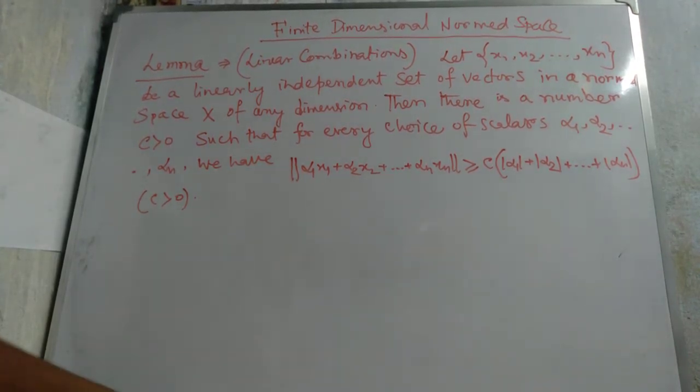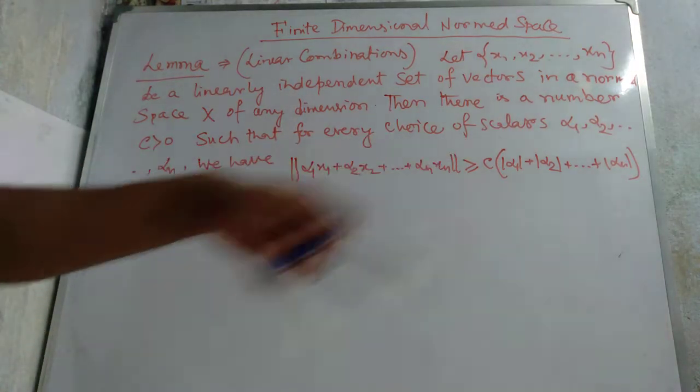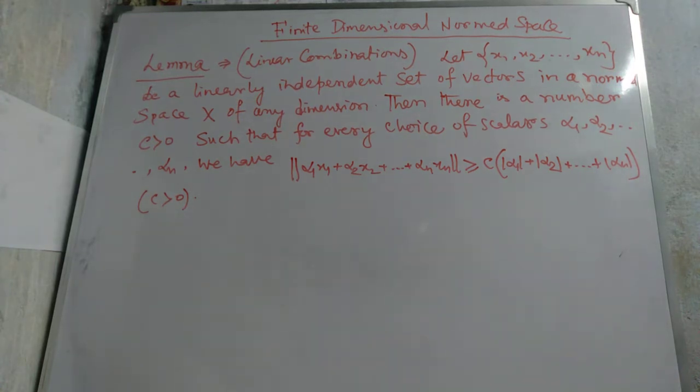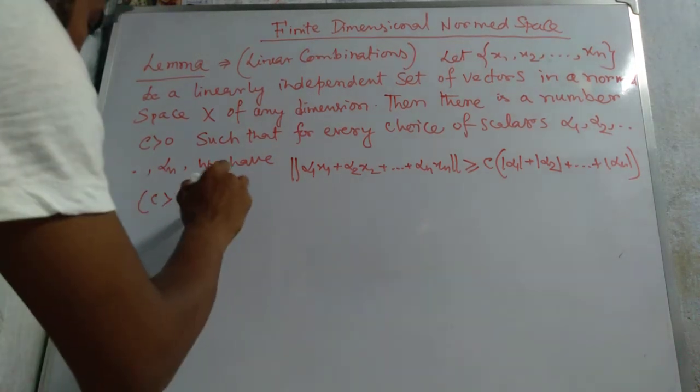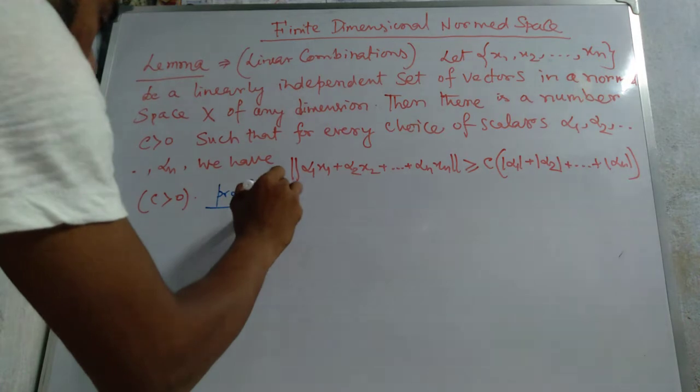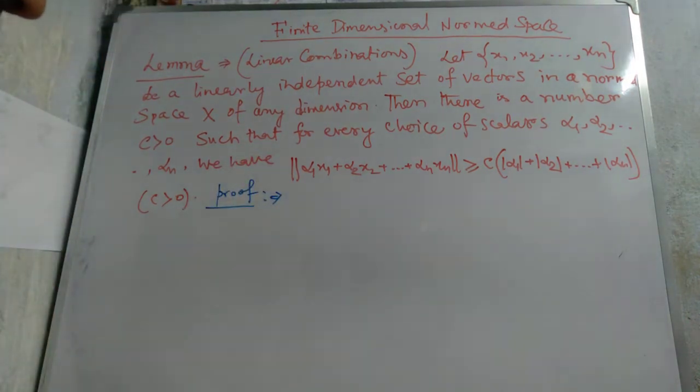If x1, ..., xn are a linearly independent set of vectors of any dimension, then there is a constant c greater than 0 such that the linear combination with arbitrary constants alpha is greater than or equal to c times the sum of the moduli of the coefficients. How do we prove this one? Now we start the proof of this lemma.